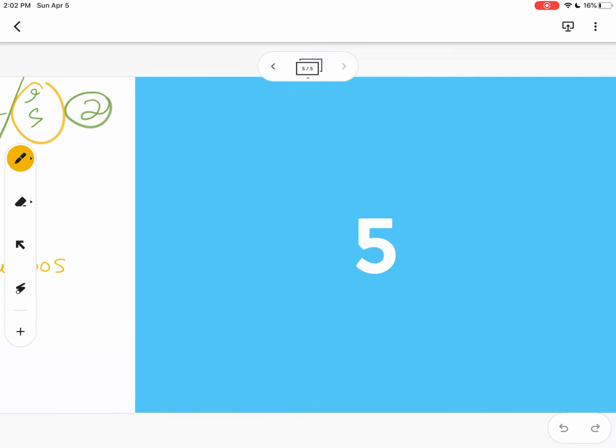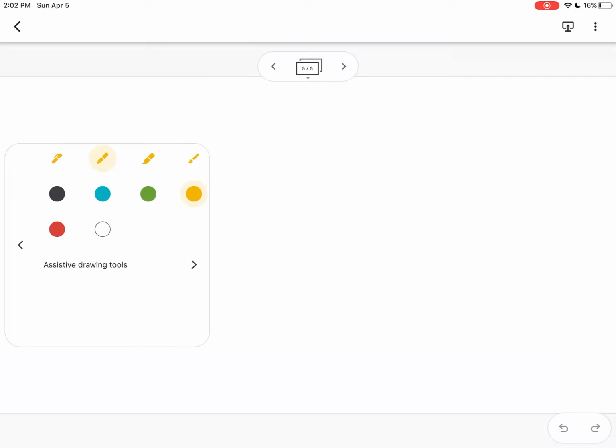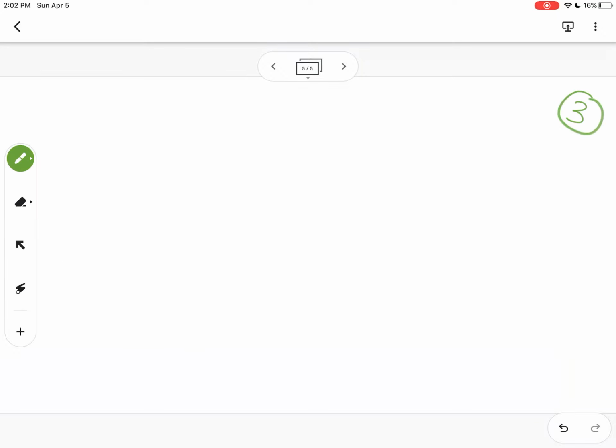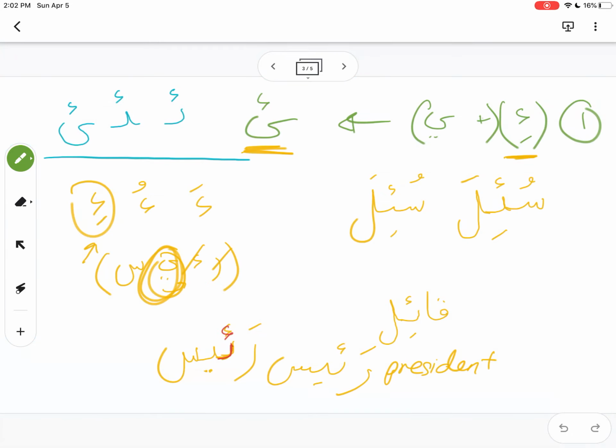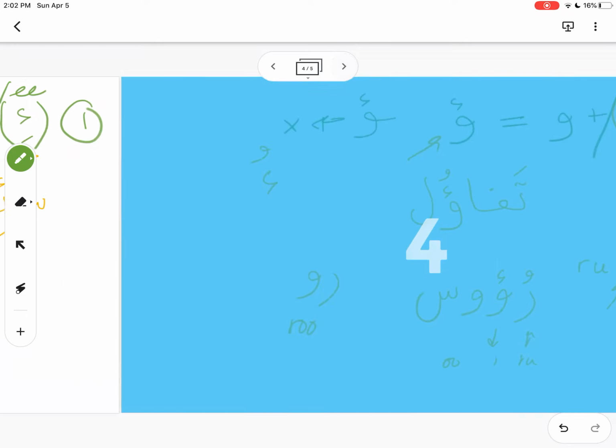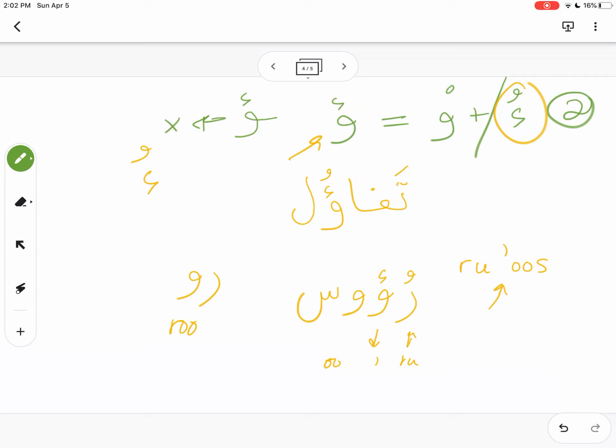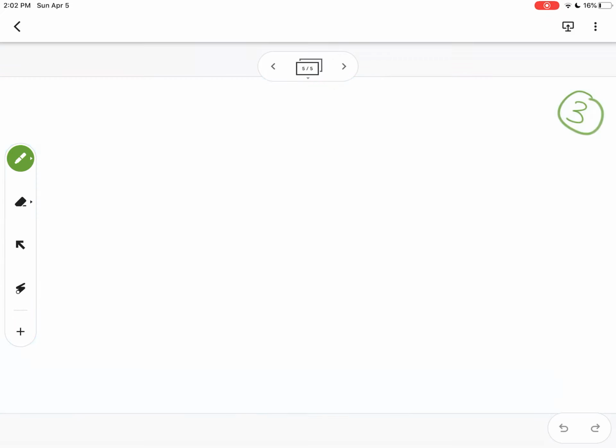Okay, rule number 3 has 2 parts. In the first two, rule number 1 is when the Hamza is making the E sound, whether it's long or short. In the second rule, we're talking about the oo sound, whether it's long or short.